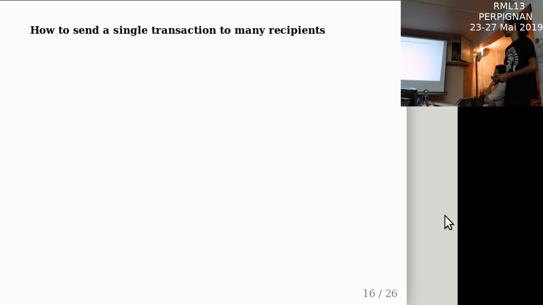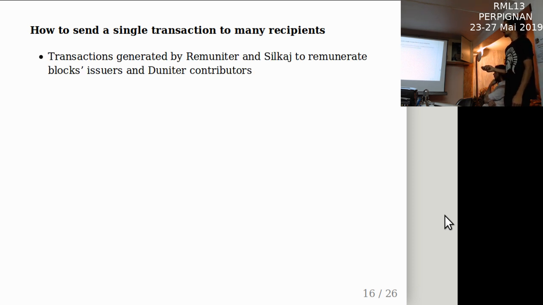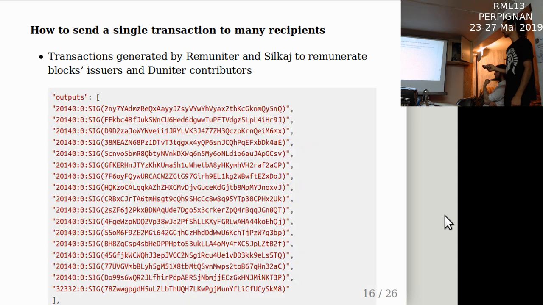Now, what if you want to send a single transaction with many recipients? We already have two clients using this feature, Silkaï and Remuniter, to remunerate the block issuers and the Duniter contributors. For instance, we are using Silkaï to remunerate all these Duniter developers.